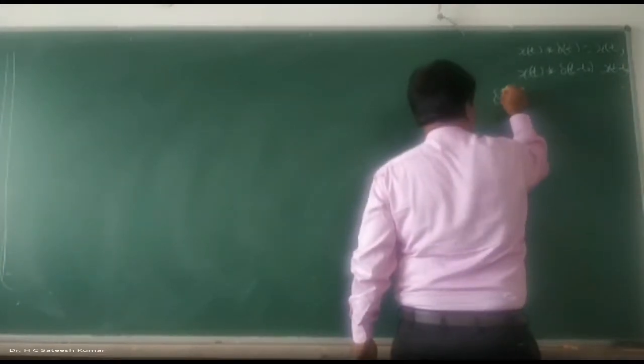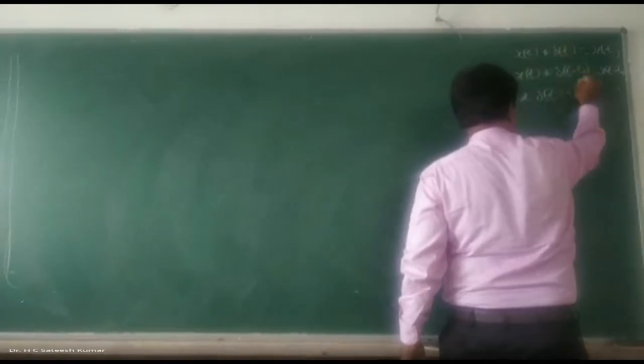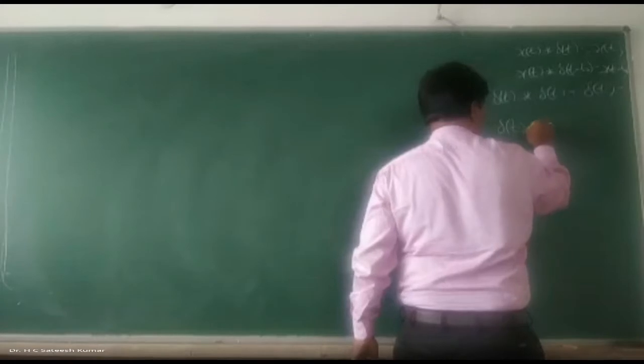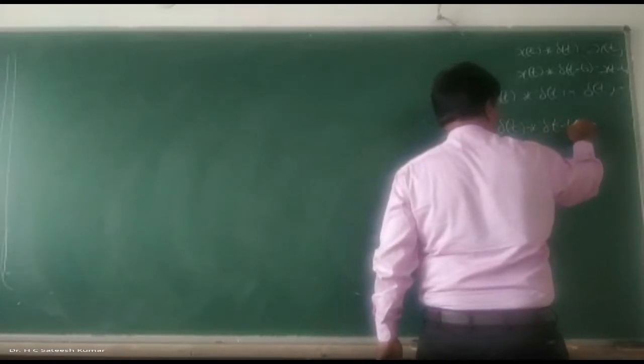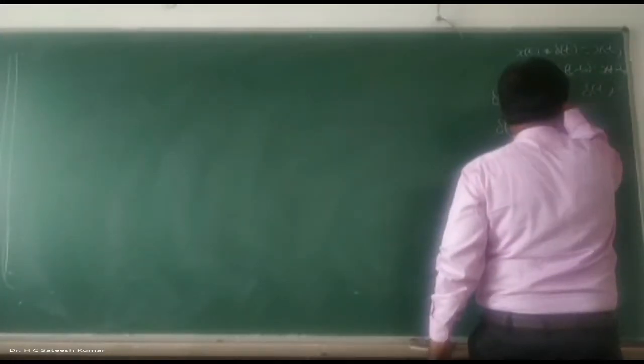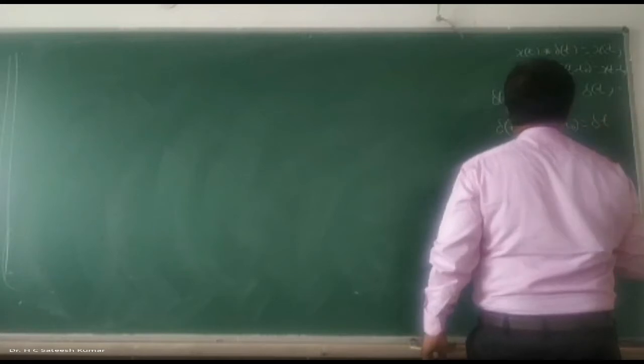And delta of t convolution with delta of t, as I said, this one is delta of t. Delta of t convolution with delta of t minus t naught: if you have x here, delta means delta. So delta of t minus t naught.